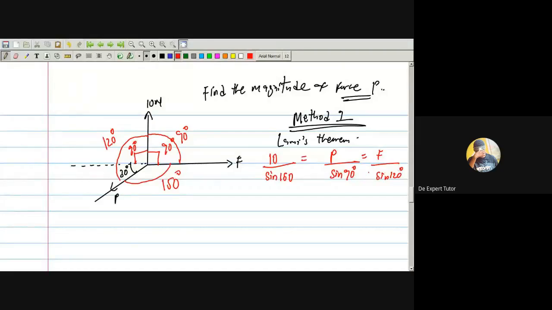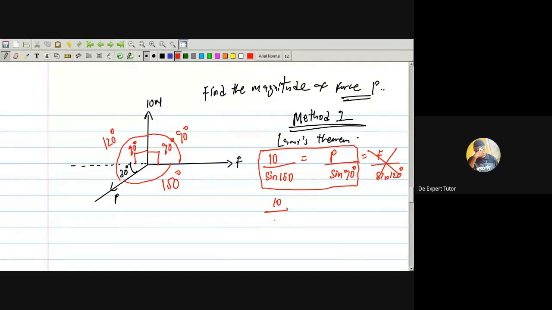They just asked me to find P. They don't want me to find F, so this is what I actually needed, and I can just use this one to solve directly. We have 10 divided by sine 150. What is sine 150? Sine 150 is the same as sine 30, but don't let me go into mathematics now.